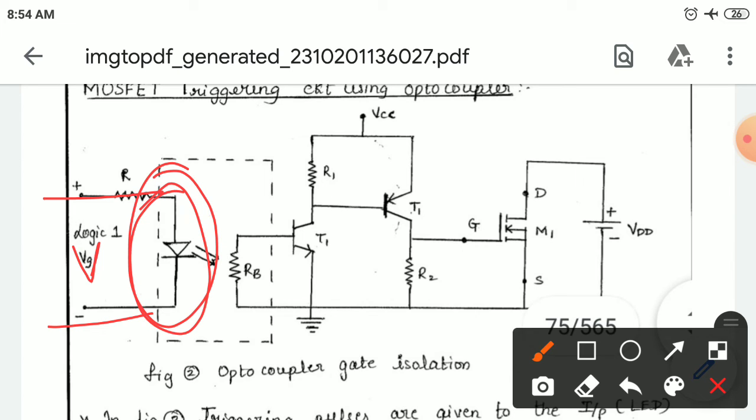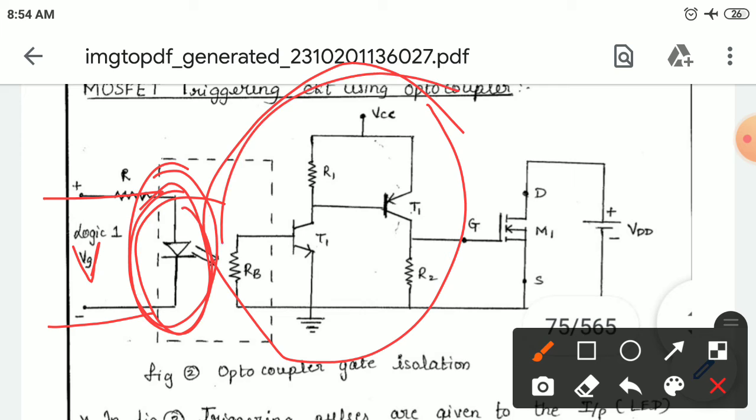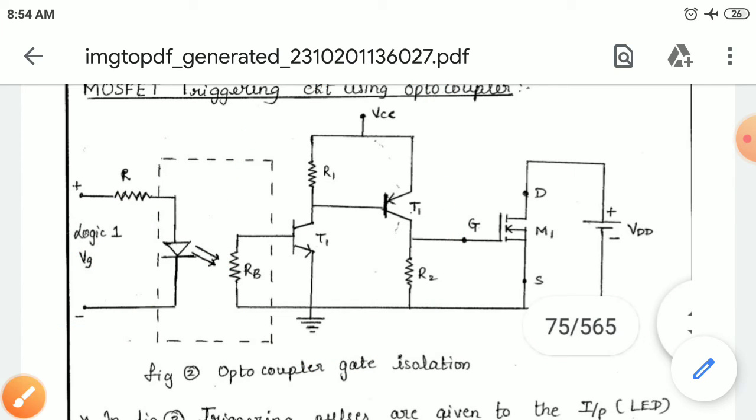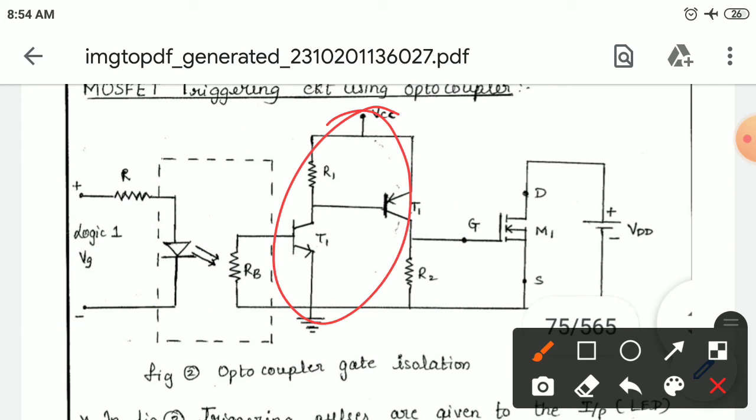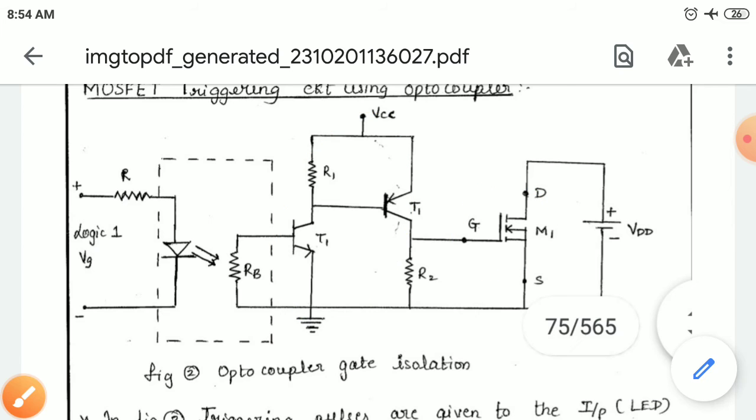There is no emission of infrared radiation from the LED. If there is no emission of infrared radiation, then your phototransistor is also off. If your phototransistor is off, then the gate is not receiving any signal, so the MOSFET is also off. This is how you can isolate.